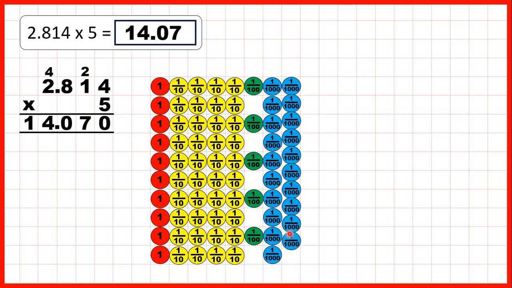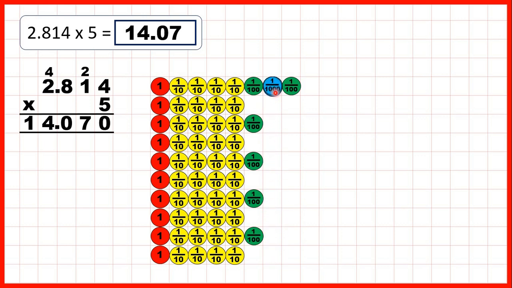But remember, 10 thousandths is the same as 1 hundredth, so when we exchange we get 2 hundredths, and that's why we wrote the 2 above our hundredths column, and you can see that we now don't have any thousandths, so that's why there's a 0 in the thousandths digit.